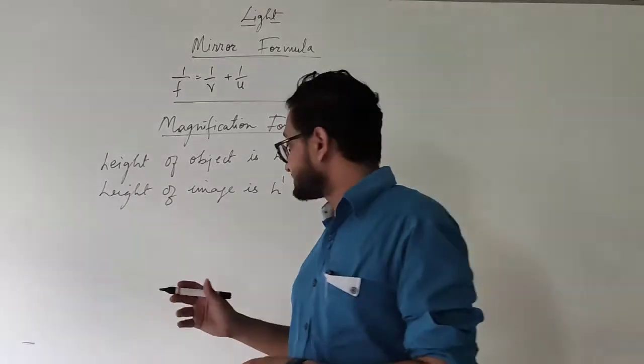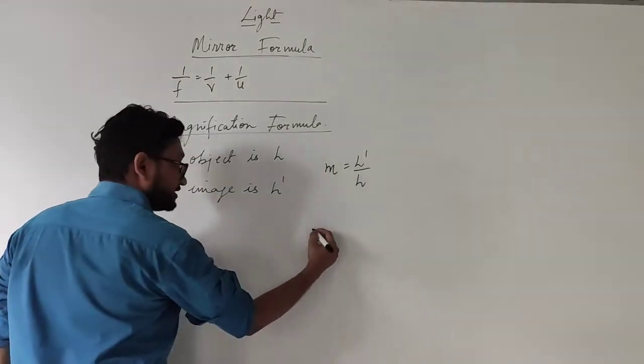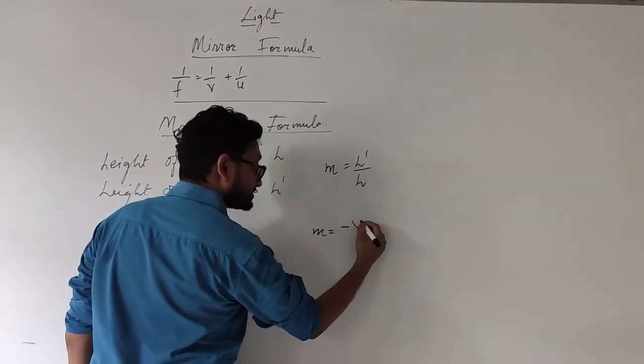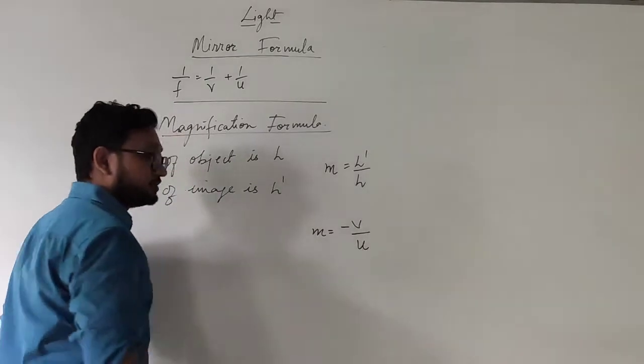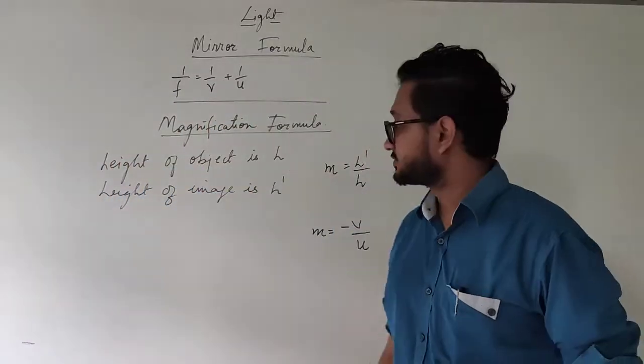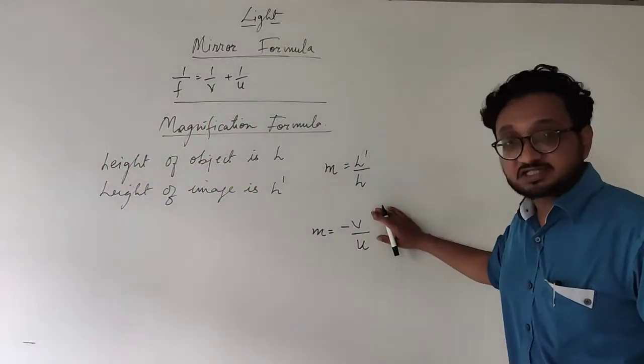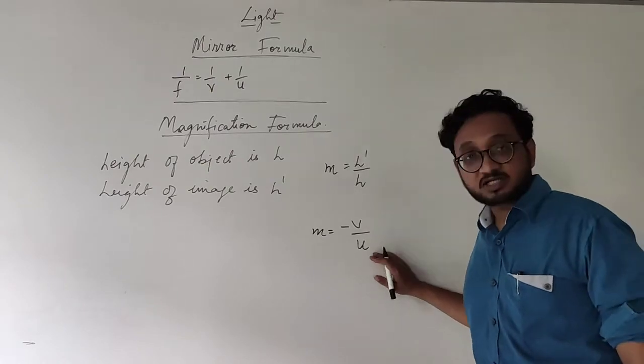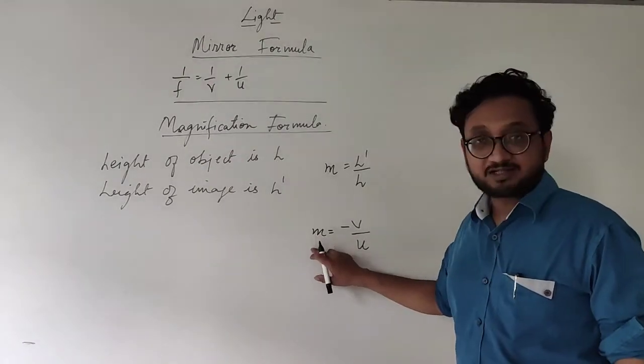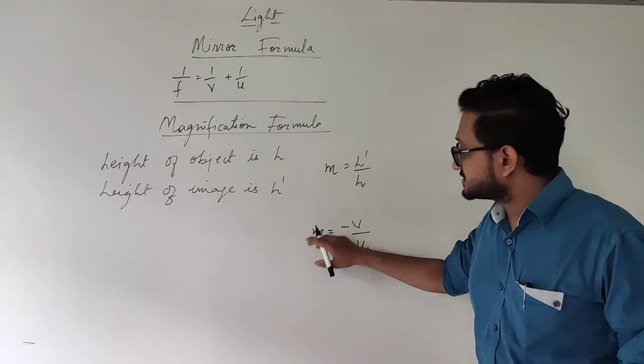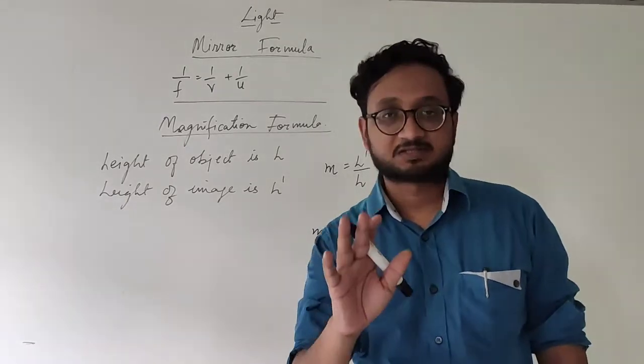So we have once again magnification m given by minus of v upon u, this simple formula. So if you have the image distance and the object distance, once again you can find the magnification, and this magnification and that magnification will be the same.